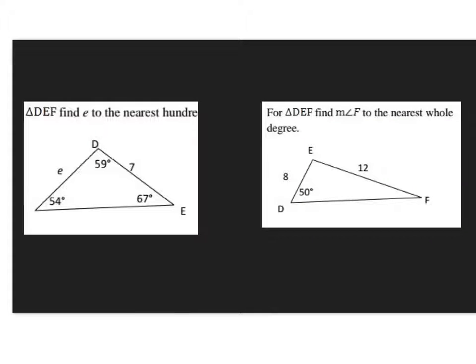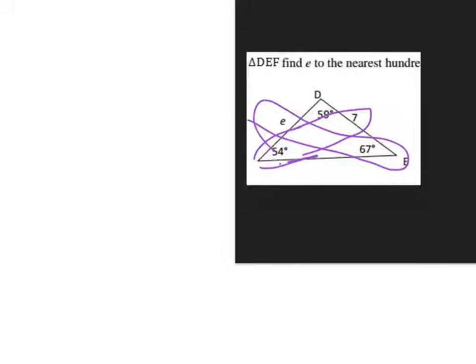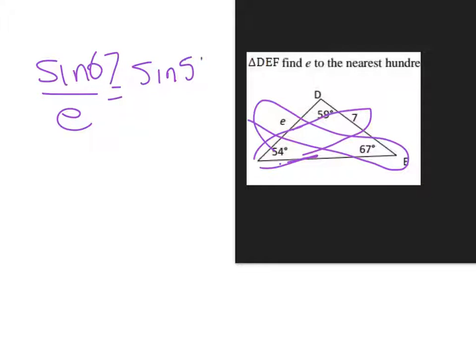Now let's figure out how big side E is. I'm looking at this going, 54 and 7 look like a pretty good pair, so I'm going to work with that. I'm going to have sine of 67 over E equals sine of 54 over 7.